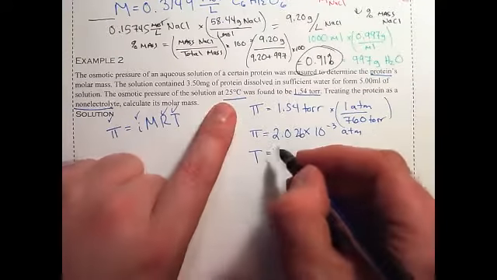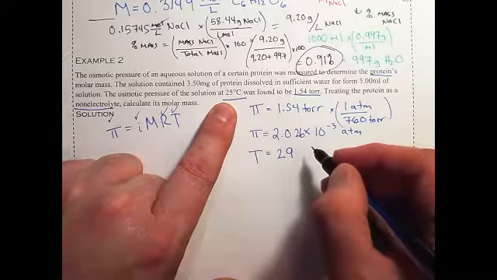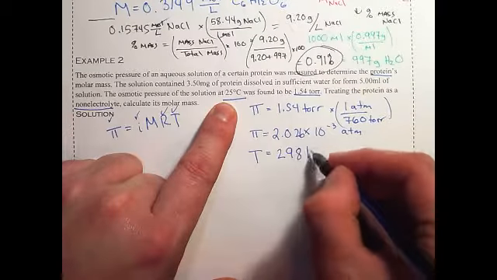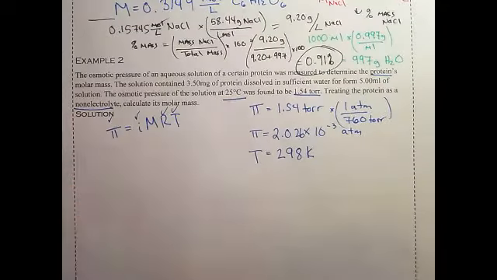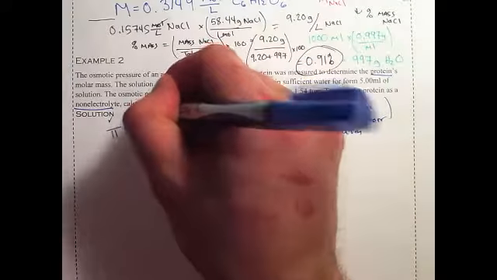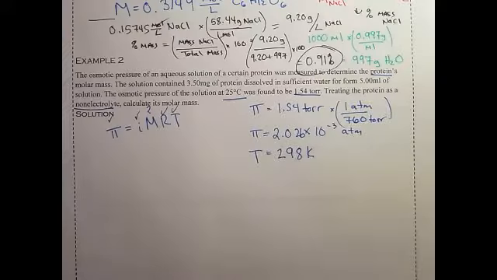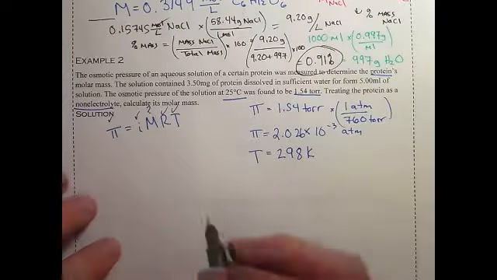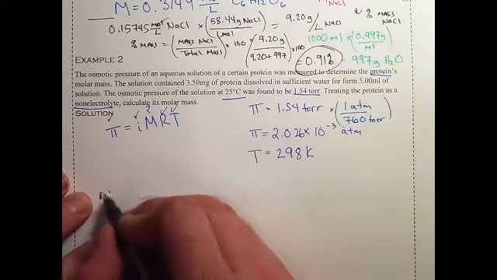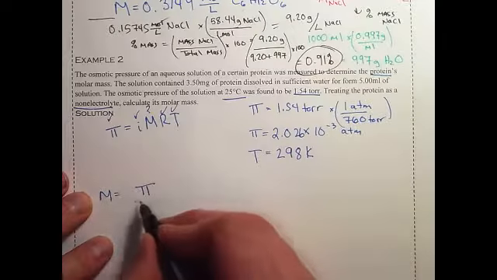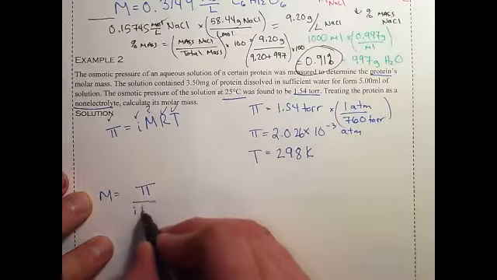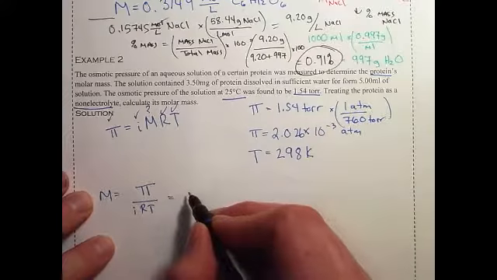And temperature is 25 degrees Celsius, so that's 298 Kelvin. So I think we're good to go. The only thing we don't have is the molarity. So let's rearrange. Molarity is equal to osmotic pressure divided by IRT.